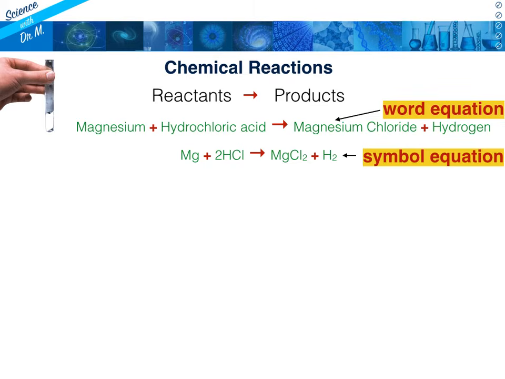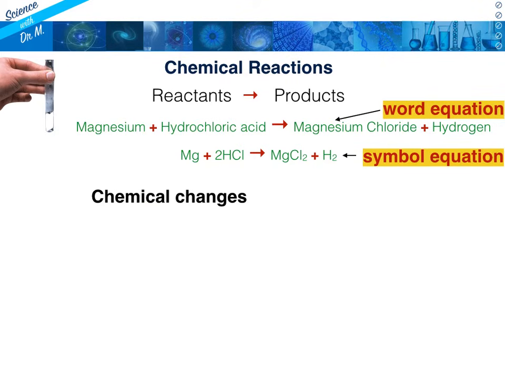Okay, we will do a whole revision burst on symbol equations and how to balance equations, because getting the numbers, like you can see there's a big 2 before the hydrochloric acid and a couple of small 2's in the products, getting those correct is essential when you're talking about symbol equations.